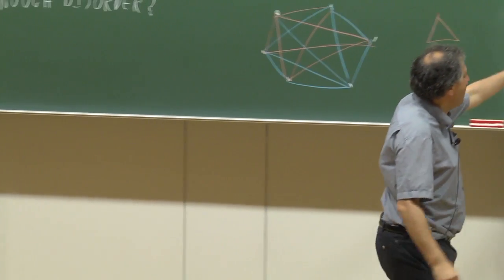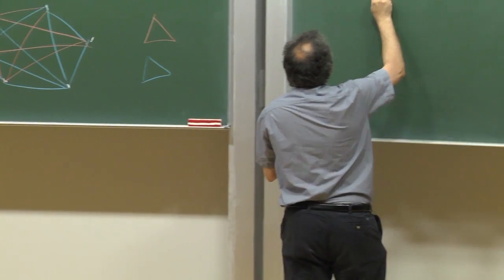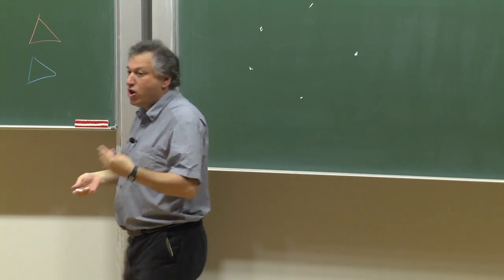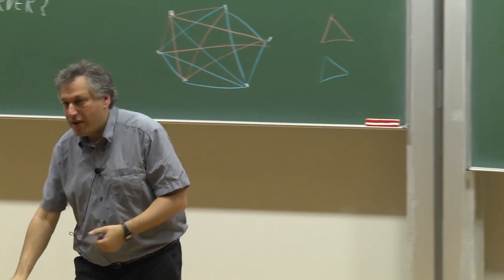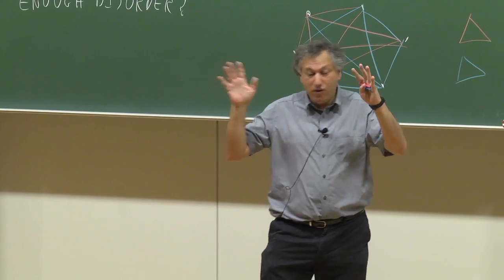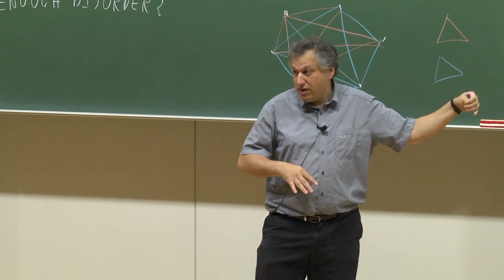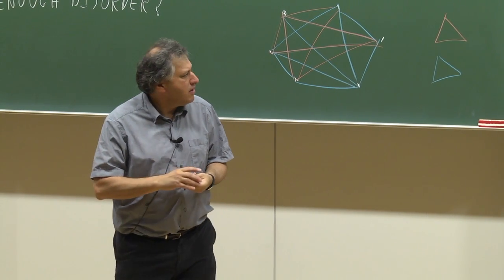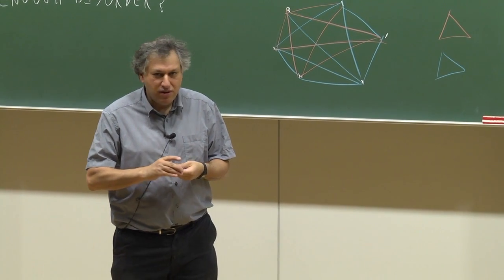So here's an example with 5. When I say not true, I mean there is a bad way to colour. So there's an unpleasant, evil way to colour these in such a way that you don't have a red triangle or a blue triangle. And it's actually quite nice.